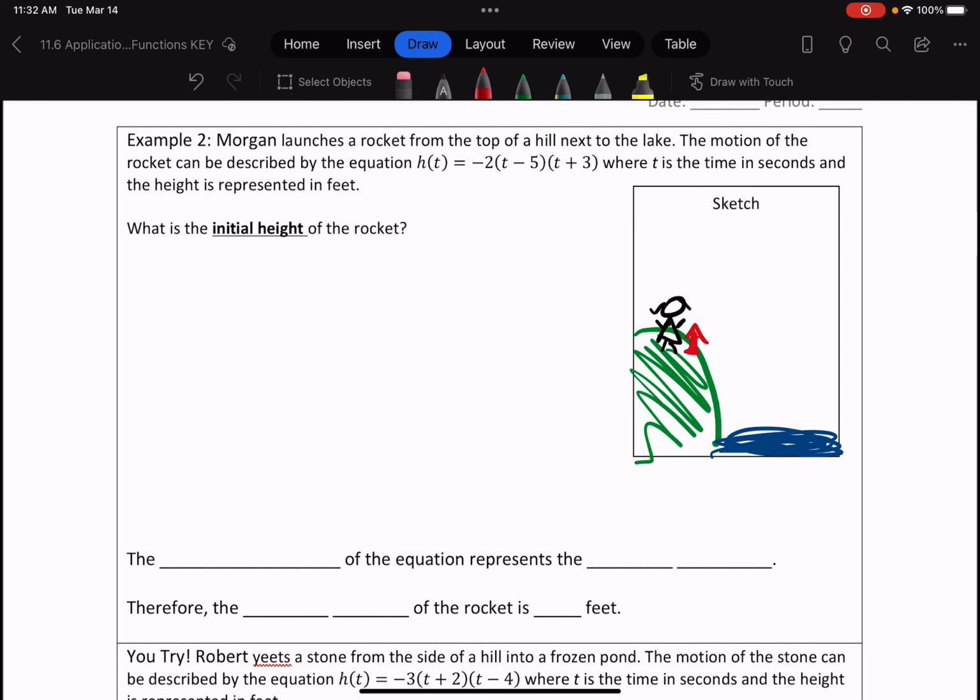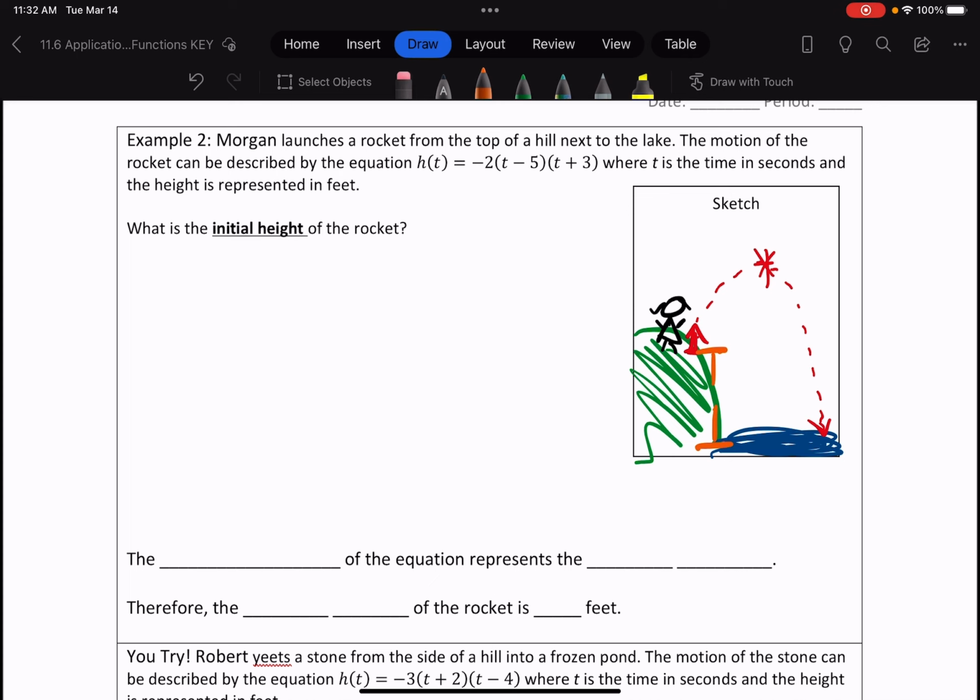I know eventually the rocket is going to launch, it will explode, and all the pieces will eventually land at the lake level, which is going to be ground zero. But I've got to figure out how far this rocket is from the ground. So this is our unknown.